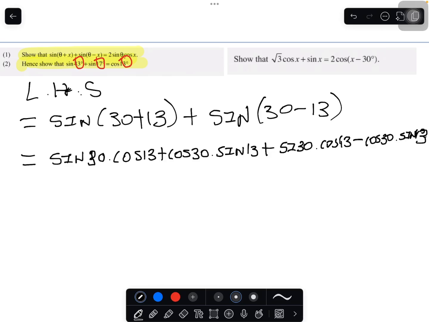So what I'm going to do here is convert all of these 30s. So sine 30 equal to half.